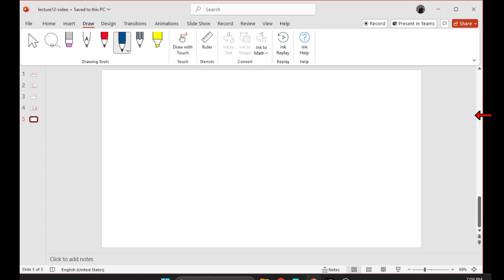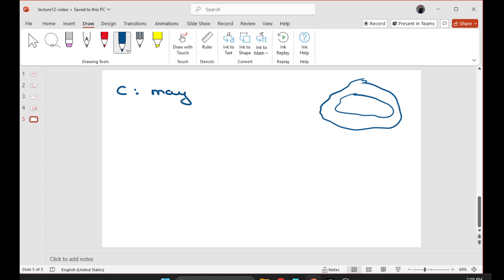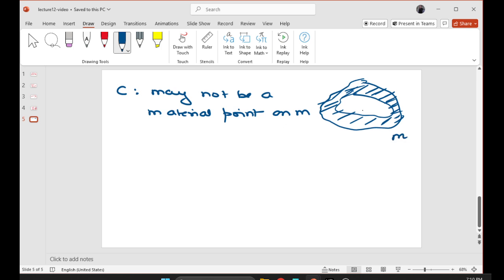It may happen sometimes that the center of mass of a body may not be a material point on M. For example, if we consider a rigid body of this kind, where these slanted lines are representing all the material points of the body M, it may turn out that the position of the center of mass may be here somewhere.